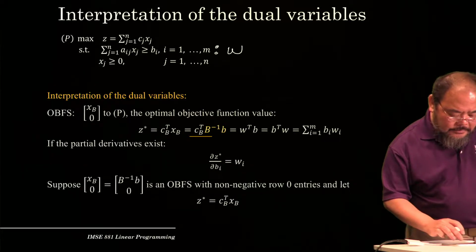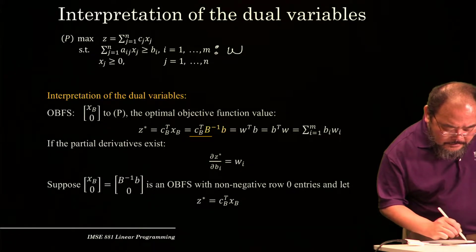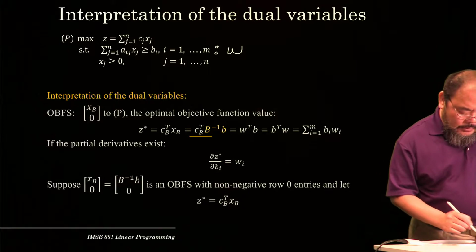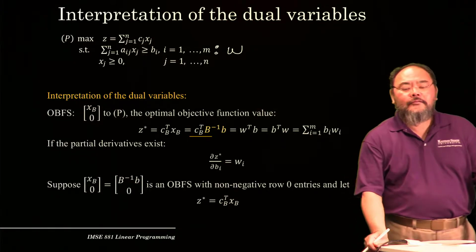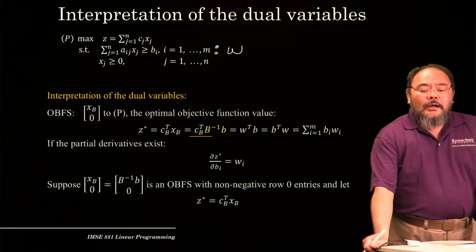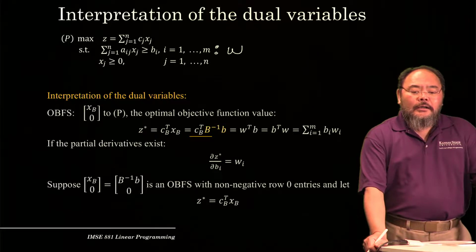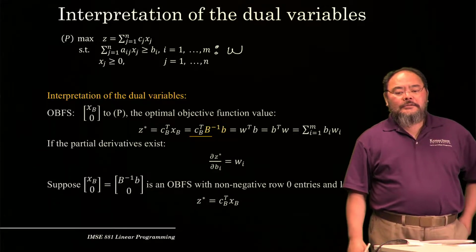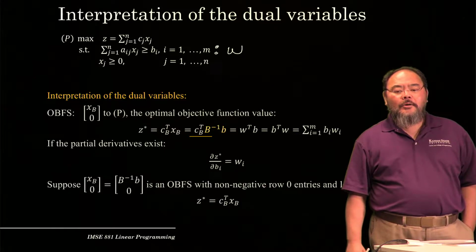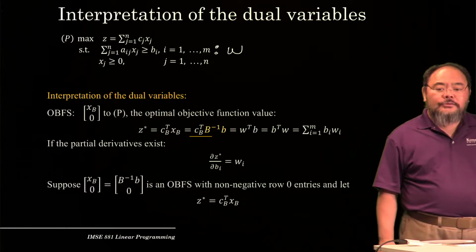What I have is the dual variable. At the optimal basic feasible solution, XB and 0, where XB is the basic variable and 0 is the non-basic, for the primal problem the optimal objective function value should equal z star.